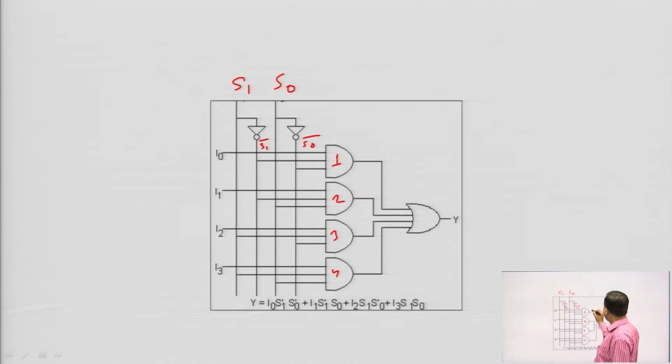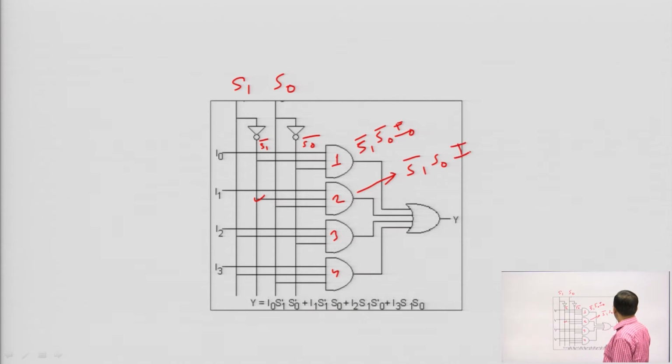The output of the first will be S1 bar S0 bar I naught. The second output will be S1 bar, coming from S1 bar, and S0, coming from S0, then I1. The third one is S1 S0 bar I2 and the fourth one is S1 S0 and I3.